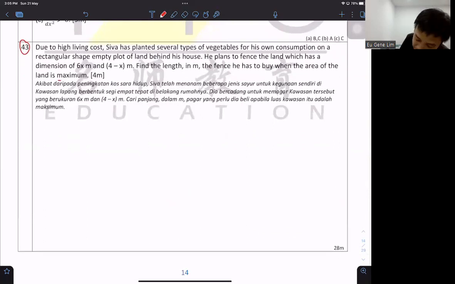You see the word maximum? This is the maximum minimum question actually. But you have to read the paragraph first. Due to high living costs, Siva plants several types of vegetables for his consumption on a rectangular shaped empty plot, meaning rectangle, right? So you draw a rectangle first.